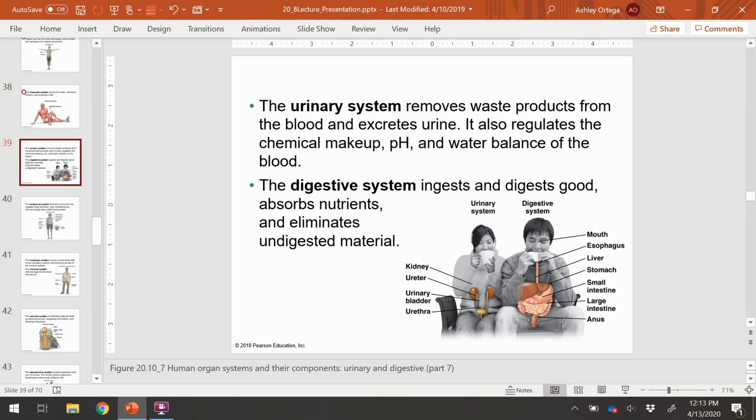Urinary system will remove waste from the blood by forming and excreting urine. It also regulates the makeup of blood, so maintaining pH and water balance is done by the urinary system. The digestive system, which is going to be our next chapter, we'll take a look at how it ingests and digests food, is what that's supposed to say, absorbing nutrients and eliminating undigested material.